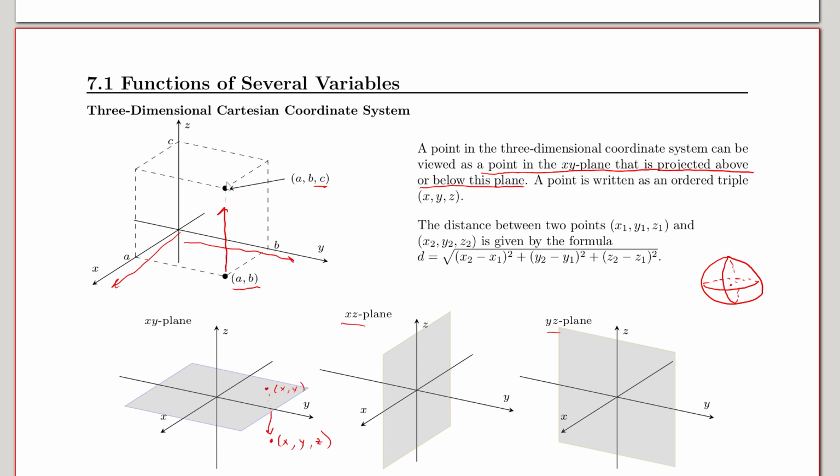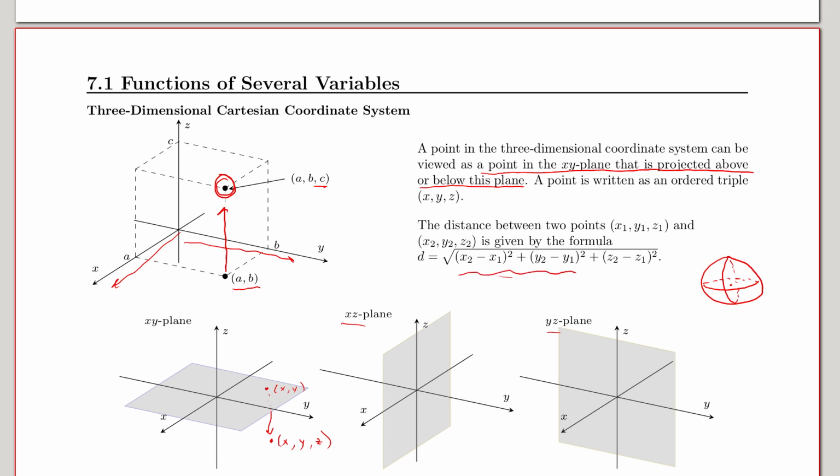So even to get the representation of this point here in 3 dimensions, you have to draw this rectangular box here to make it look like there's depth. That's just one point. Imagine infinitely many points on a surface. It'd be very difficult. Okay. There is a distance formula between 2 points in 3 dimensions.